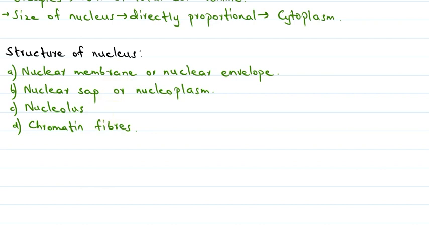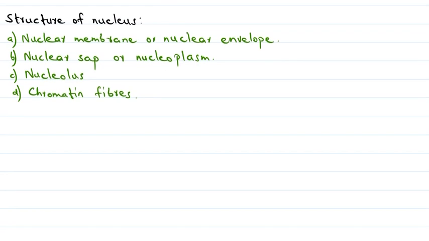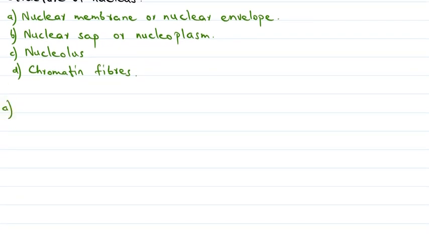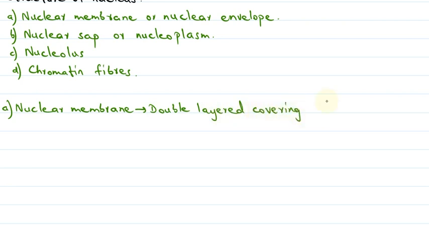So first we would study about the nuclear membrane. So this nuclear membrane is also known as nuclear envelope. And what is this nuclear membrane or envelope? It is actually a double layered covering that is present around the nucleus.